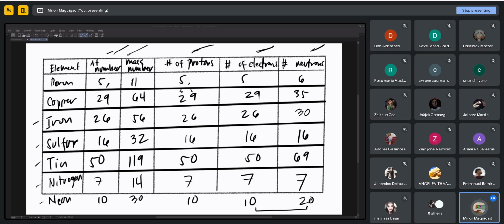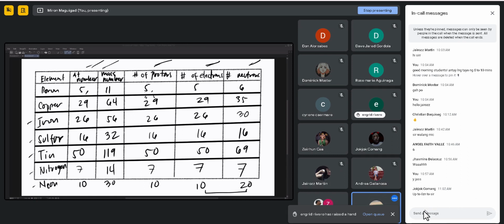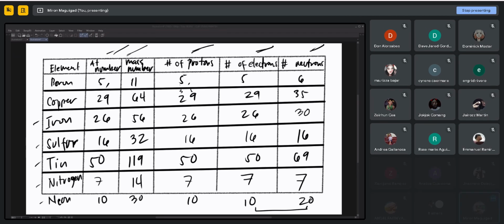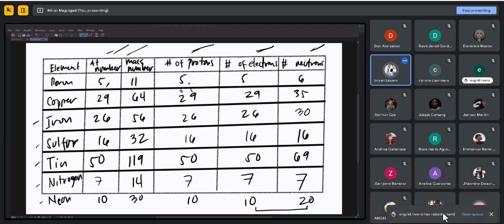Sino pa ba? Si Brian. May tanong. Sige, Ingrid. Sige, Brian muna. Opo, tig-isang check kada box. Si sulfur and nitrogen ay bonus na po yan. Okay? So, ang checkan lang talaga natin is si iron, si tin, then si neon. Si sulfur, bonus na. Okay, so kung anong blanko na sinagutan nyo. Si Ingrid ulit. Sige, Ingrid.